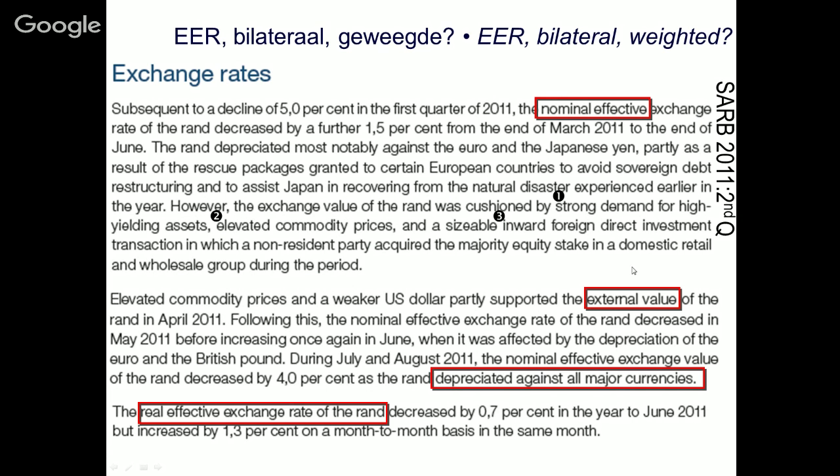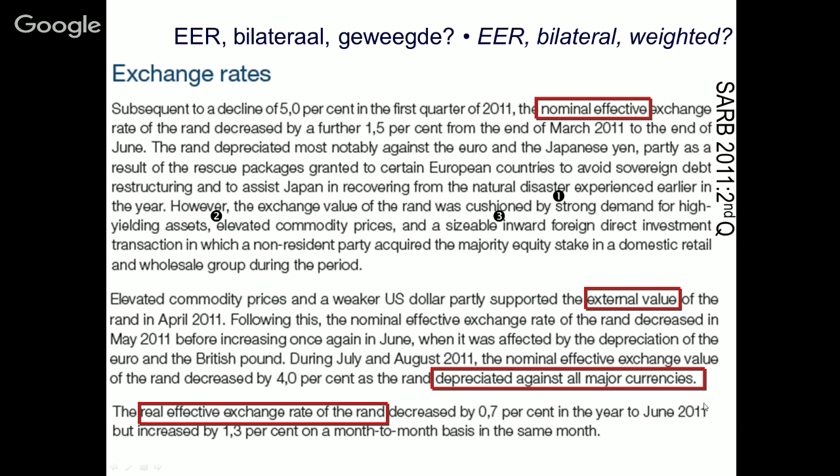You with me? Then they talk about elevated commodity prices. There we have that. And a weaker US dollar partly supported the external value of the rand. What is this external value? The same thing. This nominal effective exchange rate, external value. Following this, the nominal effective exchange rate of the rand decreased before, again, increasing. And then the nominal effective exchange value of the rand increased as the rand appreciated against all major currencies.